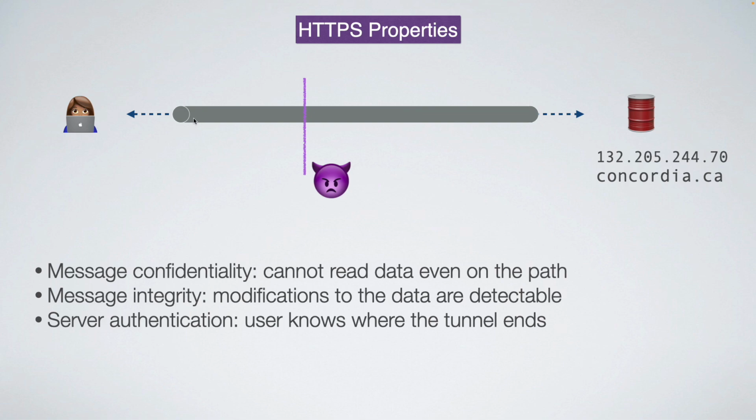When it leaves her computer, it's in the tunnel, but maybe the tunnel ends before it even leaves her computer. Maybe the tunnel ends at the Wi-Fi router. Maybe the tunnel goes off to the adversary who's on the other side of the world, but it ends at the adversary and it doesn't end at concordia.ca. So a tunnel is only as good as if you know where it ends.